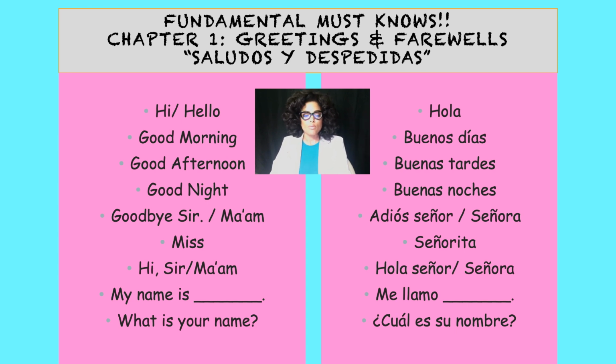Now remember, we just talked that my name is can also be condensed to me llamo. But when you're asking them the question, you cannot use llamo. That is for you when you're referring to yourself. So what is your name is translated into ¿Cuál es su nombre?